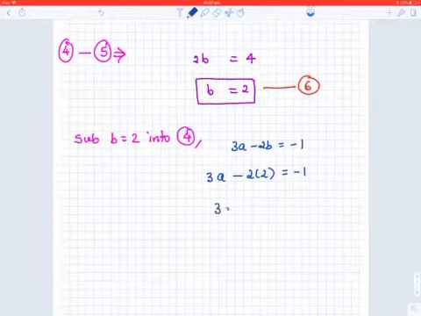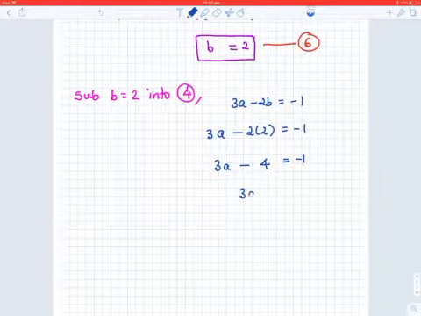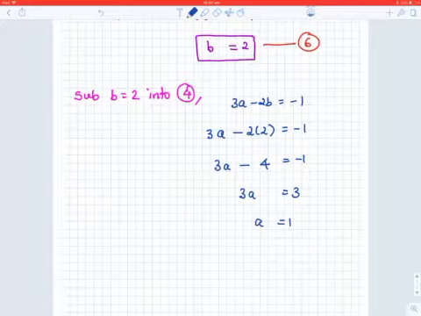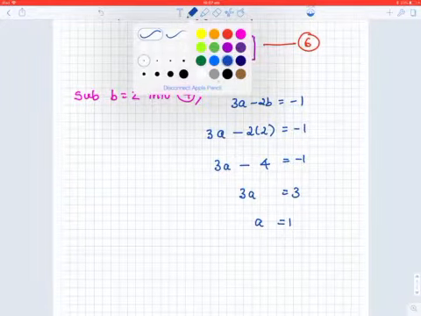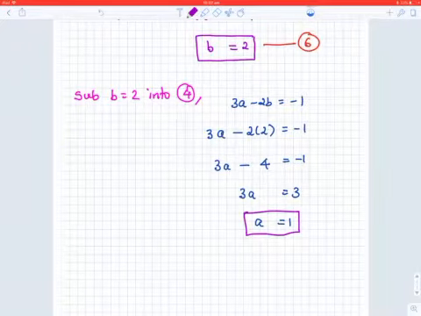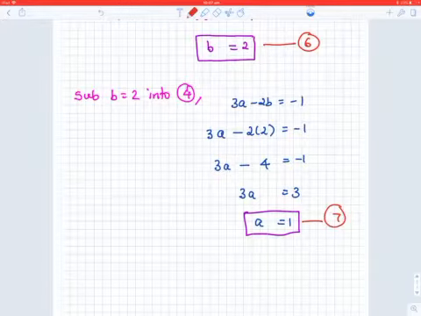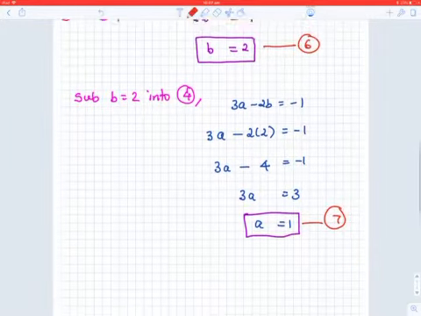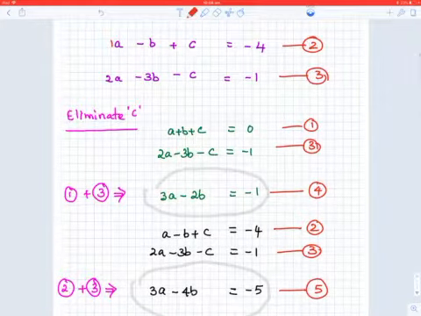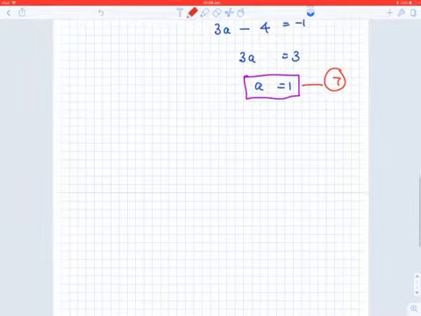Sub in B equal to 2: 3A minus 2 times 2 equal to minus 1, or 3A minus 4 is minus 1, or 3A equal to 3, or A equal to 1. So A equal to 1, and this is my equation 7.